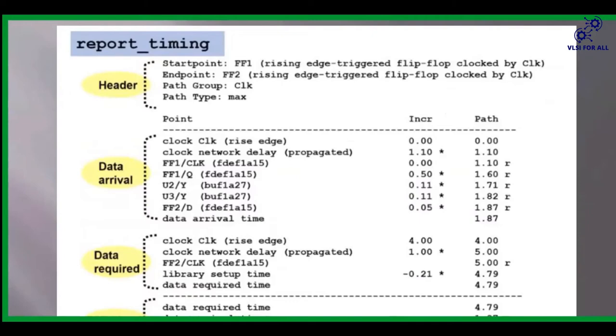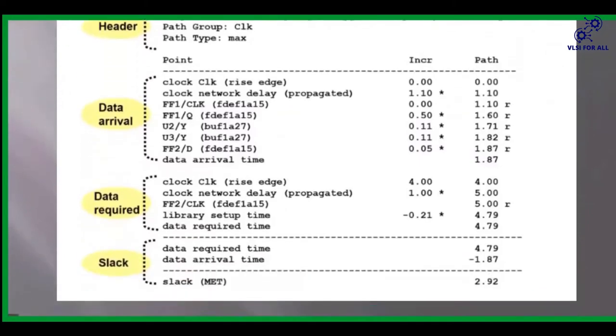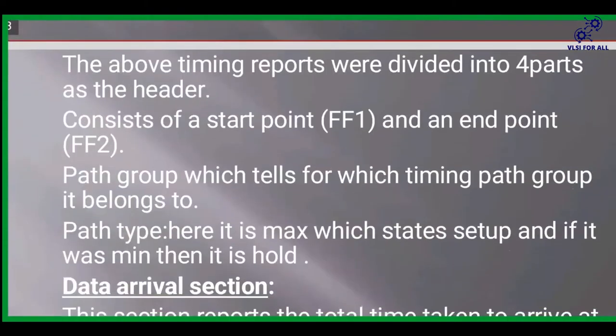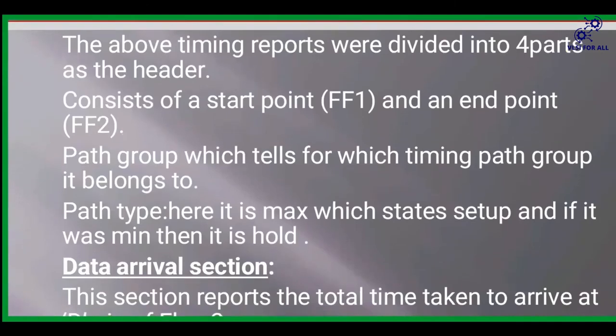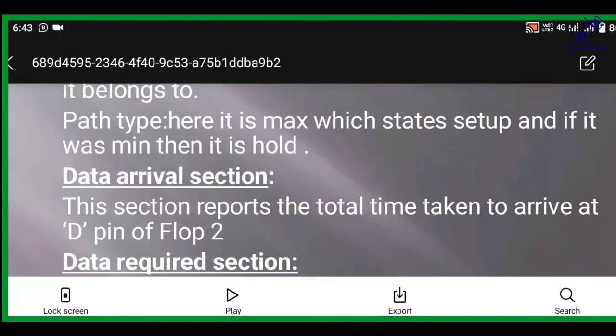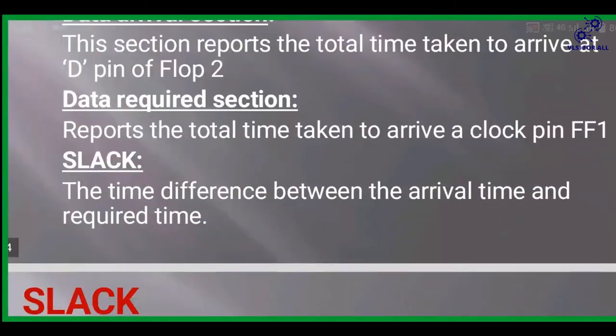In data required, library setup, data required, everything will be there. Finally we have to calculate slack, which we calculate with the help of data required time as well as arrival time. In the next slide of the timing report, I have explained very clearly what the header contains, what the data arrival contains, what the data required contains, and what the slack.